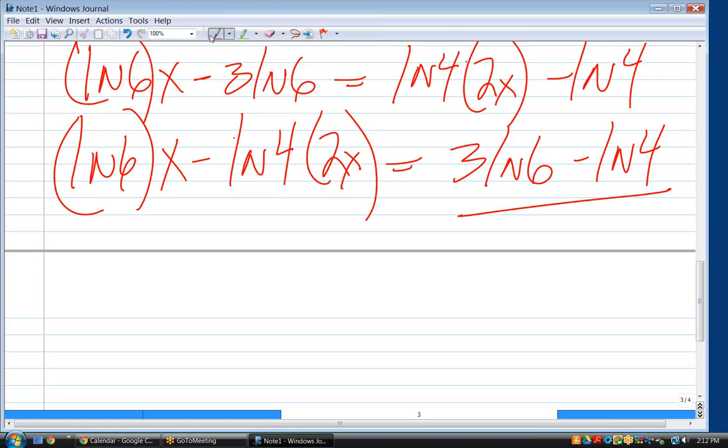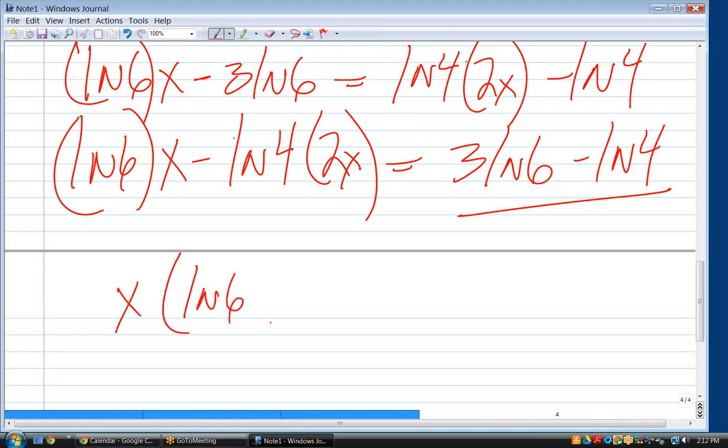How about we factor out x? Remember, I'm not trying to solve for natural log. Those are numbers. I'm always trying to solve this for x. So if I factor out x, I'm left with that number minus 2 times that number.